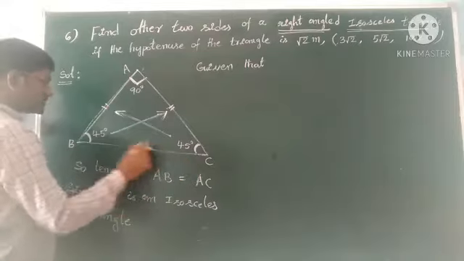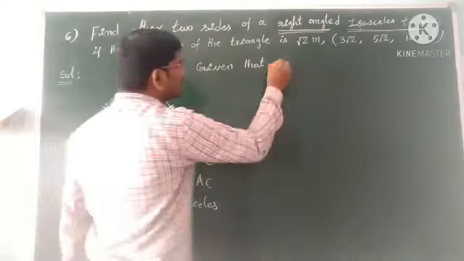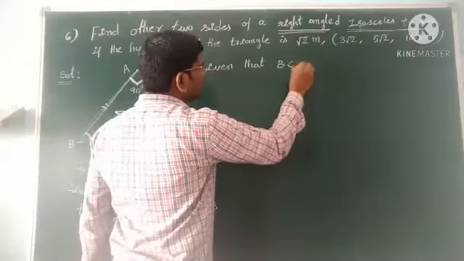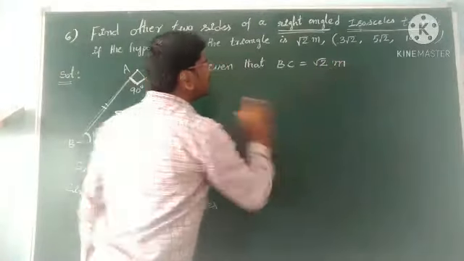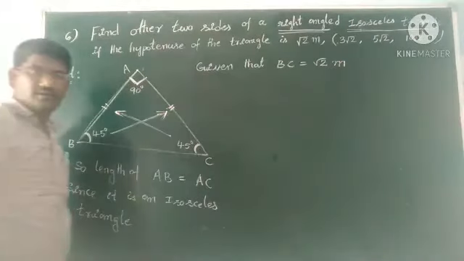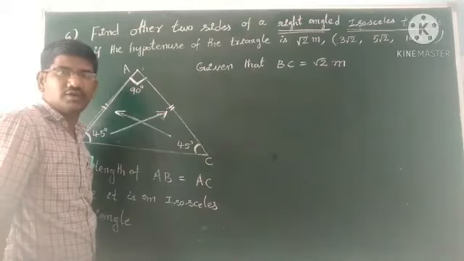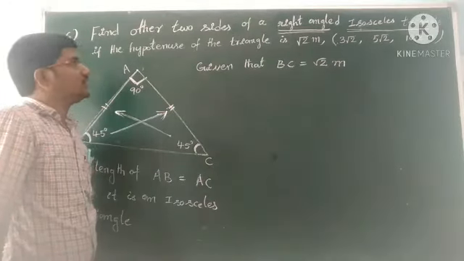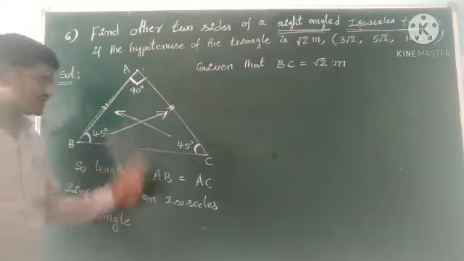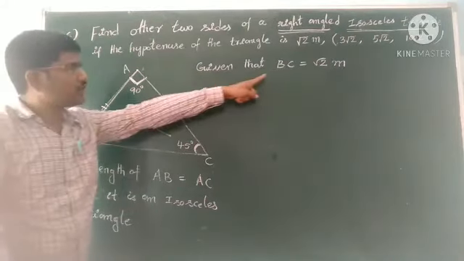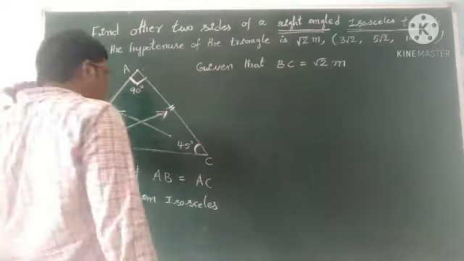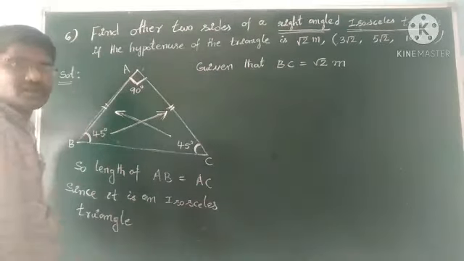The side opposite the 90 degrees is the hypotenuse, that is BC. So given that BC is equal to root 2 meters. That is the given data. Isosceles triangle means two sides are equal, those two sides I have taken equal, and the hypotenuse length is also given as root 2 meters.